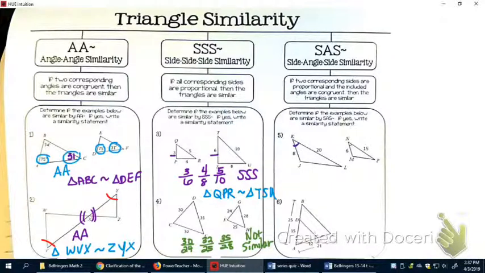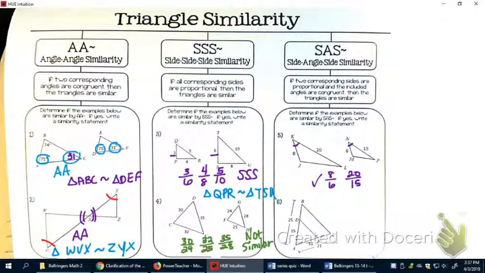Notice there is an angle marked there. K and N are the same. And there's two sides around them that have numbers. So I need to check to see if the sides around that angle are proportional. So I would check 8 over 6 and then 20 over 15. Are the sides proportional? Yes.